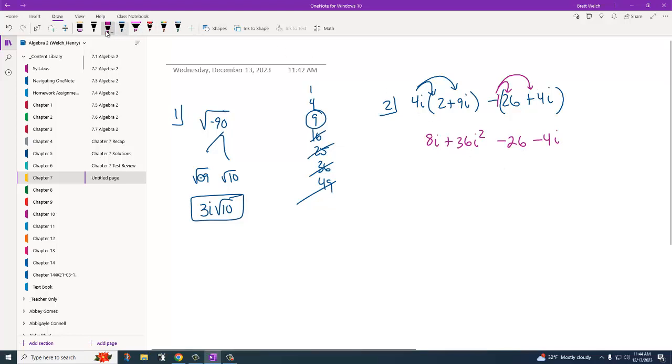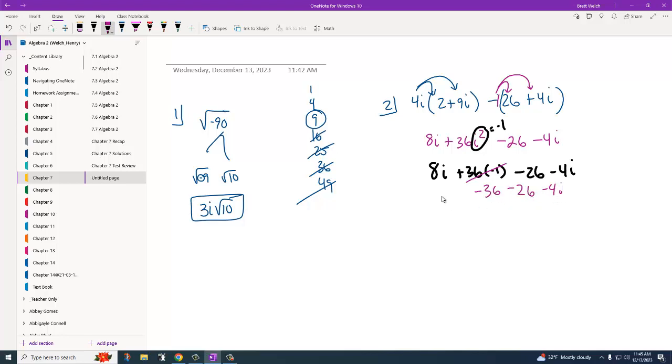Before I try to combine my like terms, we need to acknowledge that i squared has a value equal to negative 1, which means this problem can be rewritten as 8i plus 36 times negative 1. Instead of i squared, we can replace it with a negative 1. Minus 26 minus 4i. The 36 times the negative 1 becomes a negative 36.